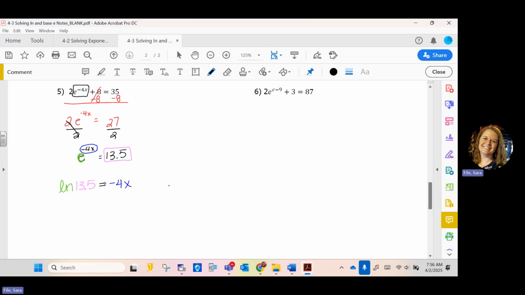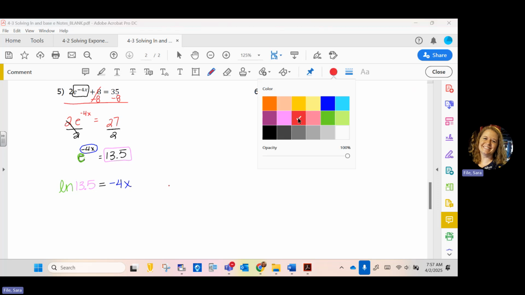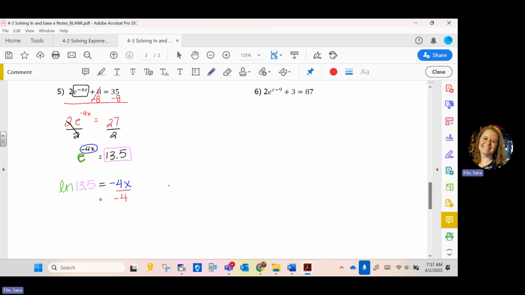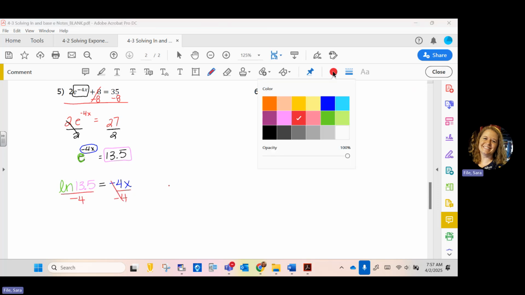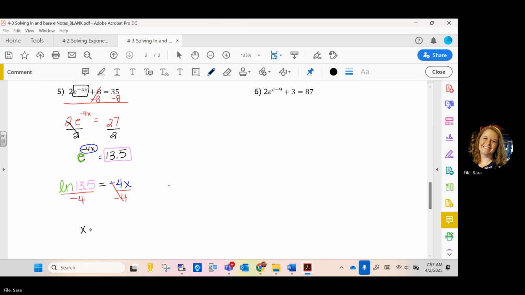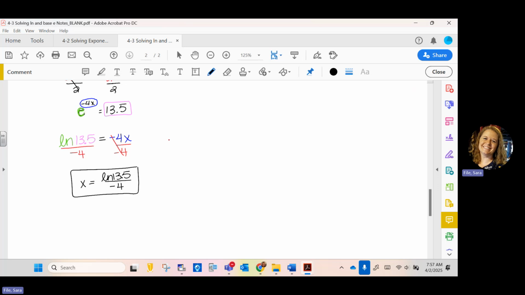Now, how do I get rid of that negative 4 that's being multiplied by the x? So I divide by negative 4. So my exact answer is the natural log of 13.5 divided by negative 4. Or you could put the negative in front of all of it. That's fine too.